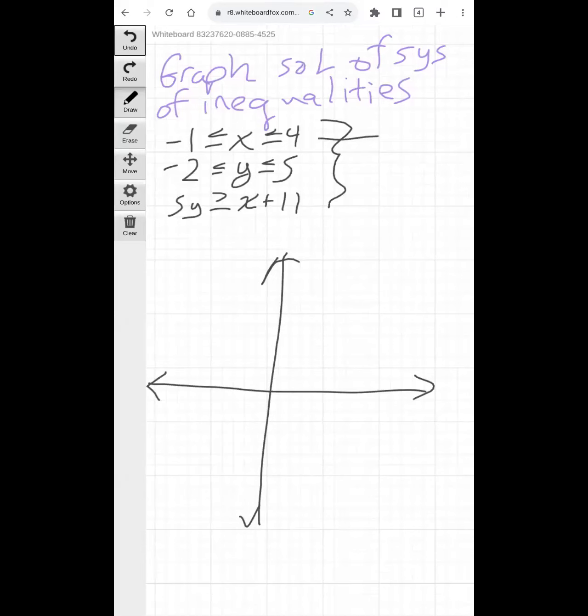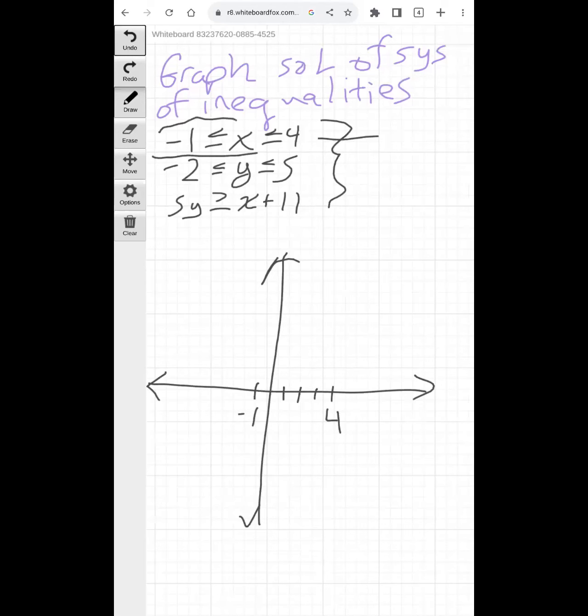To graph this first inequality, we're going to graph each of these points. We're going to graph the point x equals -1, and then on the x-axis the point 2, 3, 4, where x equals 4. You need to think of each of these inequalities in terms of areas.